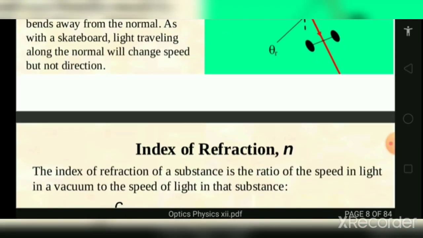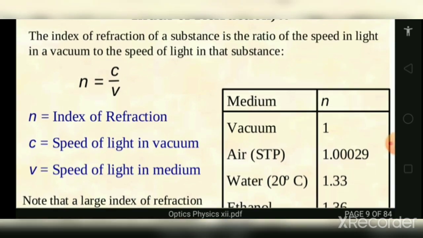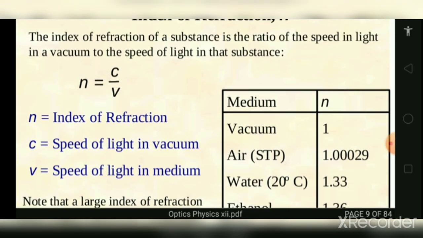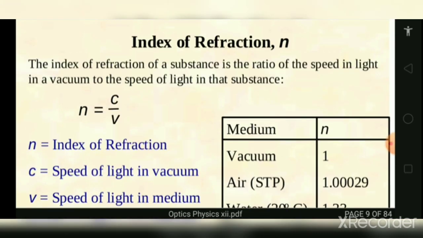Now think about what the cause of that is. It is the index of refraction.